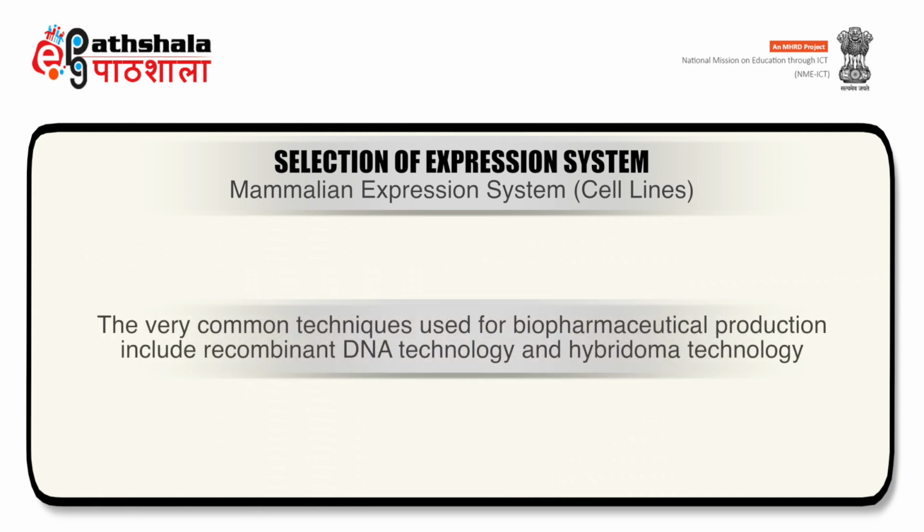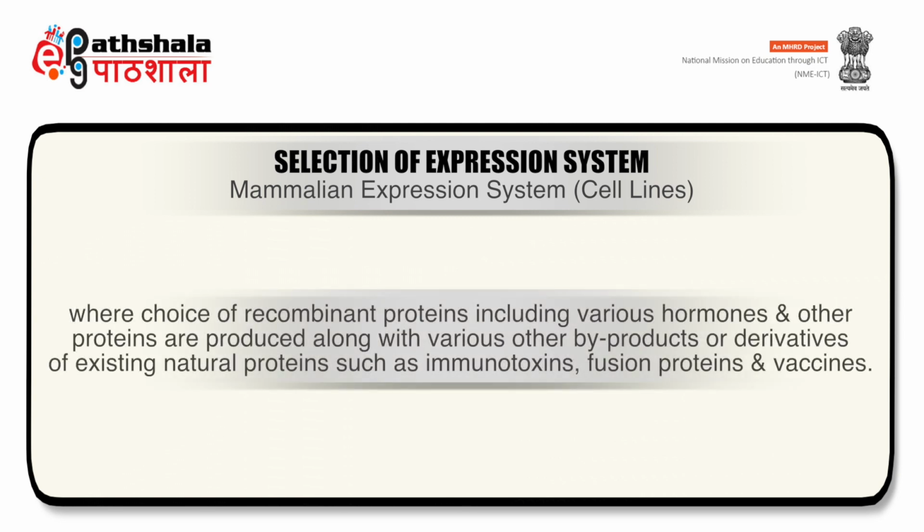The very common techniques used for biopharmaceutical production include recombinant DNA technology and hybridoma technology, where recombinant proteins including various hormones and other proteins are produced along with various other byproducts or derivatives of existing natural proteins such as immunotoxins, fusion proteins and vaccines.